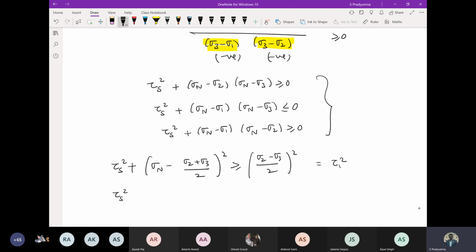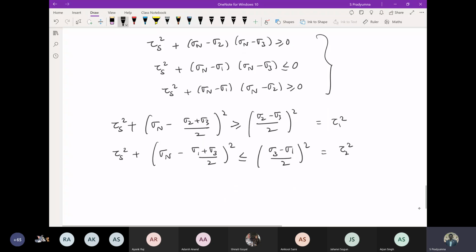And then tau s square plus sigma n minus sigma 1 plus sigma 3 by 2 square should be less than or equal to sigma 3 minus sigma 1 by 2 whole square. I call this as tau 2 square. And then I have third equation, tau s square plus sigma n minus sigma 1 plus sigma 2 by 2 square should be greater than or equal to sigma 1 minus sigma 2 by 2 square. Call it as tau 3 square.